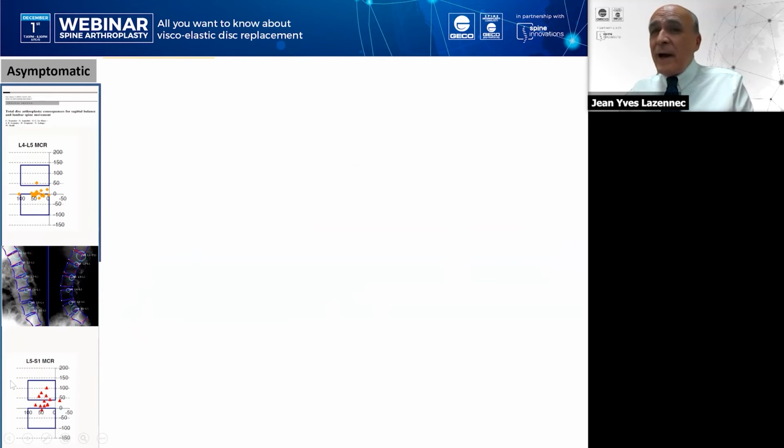You can see that for L5S1, the cloud of center of rotation is higher. In some cases of normal patients, the center of rotation is even inside the level of the disc. You have seen that at the cervical level we were fighting to avoid the center of rotation inside the level of the disc, but for the lumbar level, it is not quite the same.